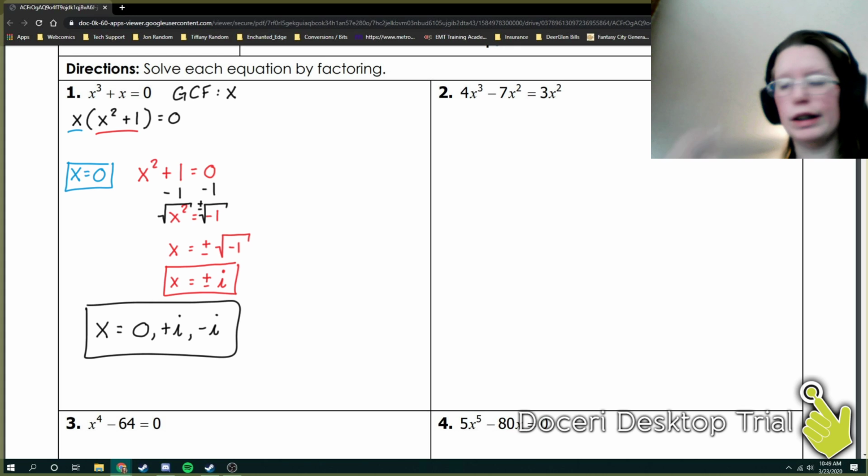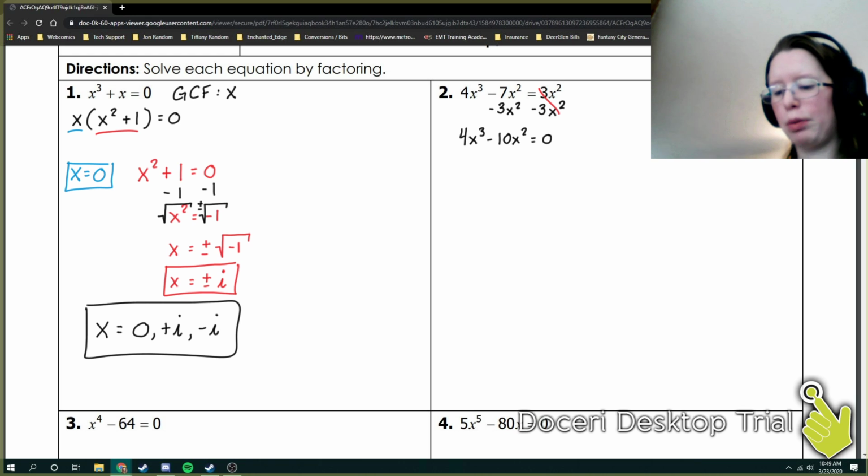The second problem here is not set equal to 0 at the start. So I needed to subtract over the 3x squared from the right-hand side to the left-hand side. That'll leave me with 4x cubed minus 10x squared equals 0.